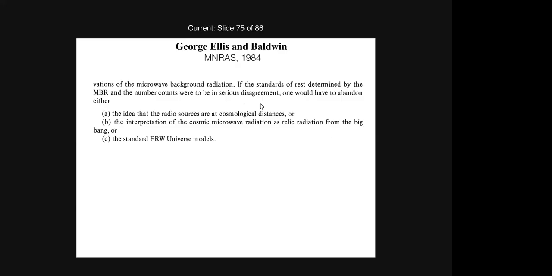They were saying, okay, maybe these radio sources are local. B, the interpretation of the cosmic microwave background radiation as relic radiation from the Big Bang. So you want to abandon that? I don't think anyone wants to abandon that because now we believe that this comes from the Big Bang or something like that. And C, the standard FLRW universe model. One of these three we have to abandon according to Ellis and Baldwin.